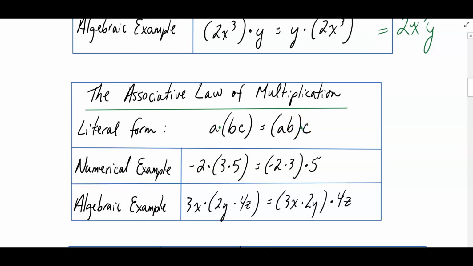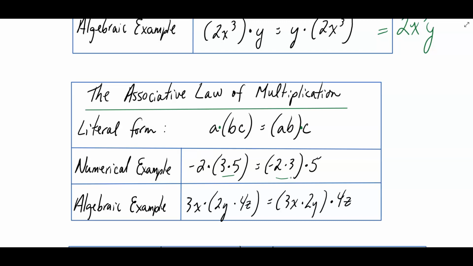So if you need to rearrange the factors of your product, it's fine because the result will still be the same. In the numerical example, we'll see that negative 2 multiplied by 3 times 5, and the brackets would tell us we should find the product of 3 times 5 first, and then multiply that result by negative 2. Whereas on the other side, we could do negative 2 times 3, and that product would be multiplied by 5.